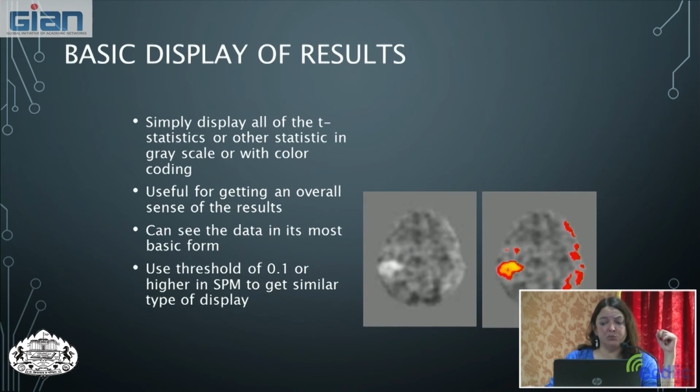So when we go to display our results, what we typically do is we don't leave them in grayscale. We add color. So we define colors associated with different T values, and then we can show where the most active regions are in our brain.